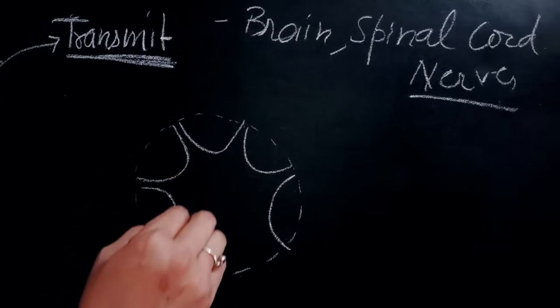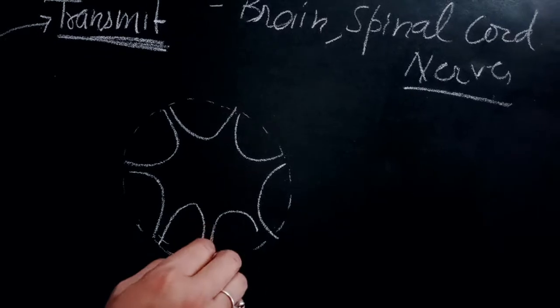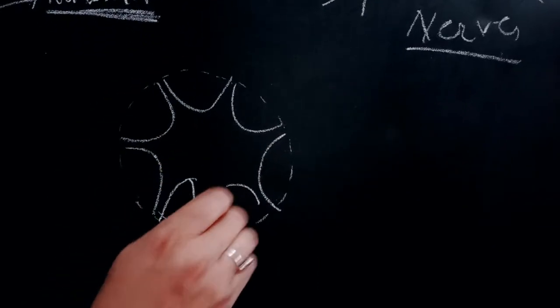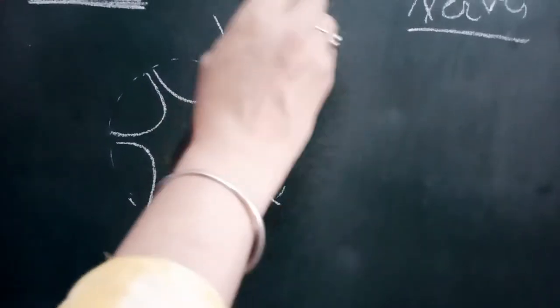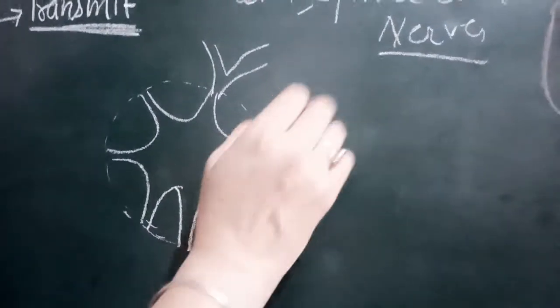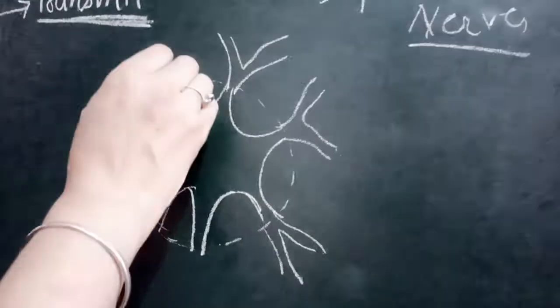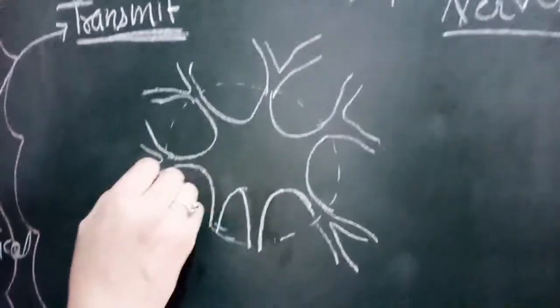Just observe how the diagram is being made. Just draw a dotted circle, and within the dotted circle, make such types of branches. So each nerve cell consists of a cell body, an expanded cell body.